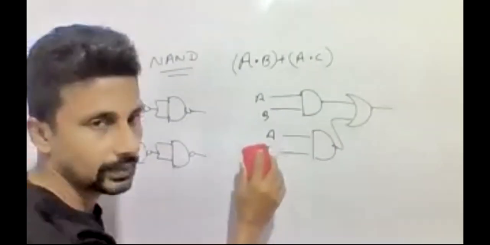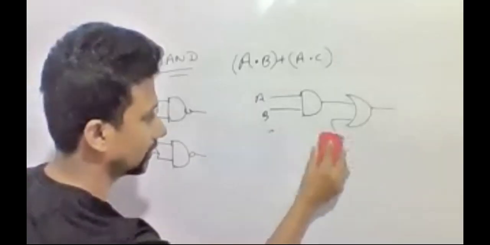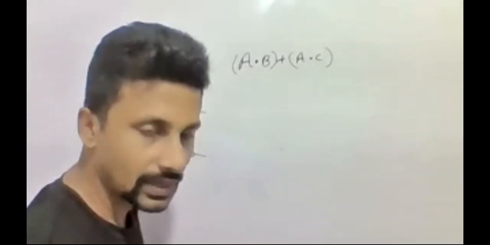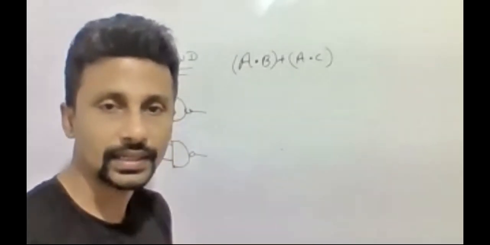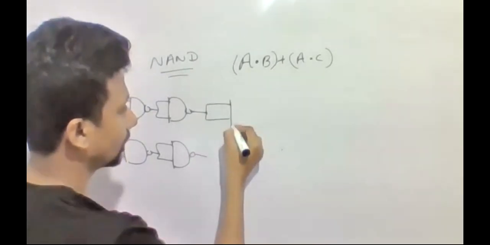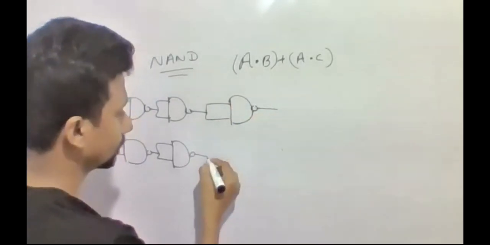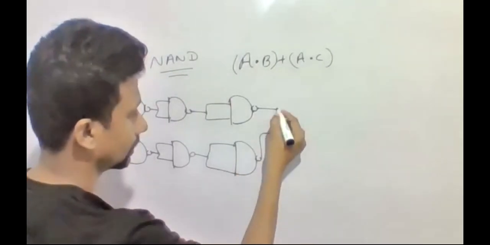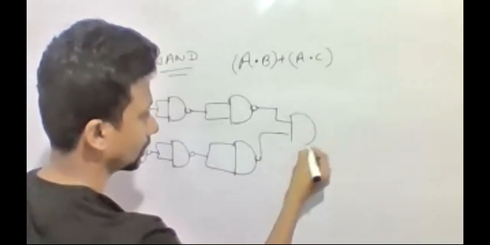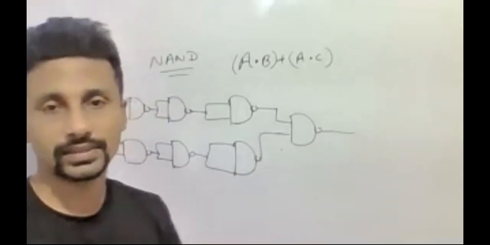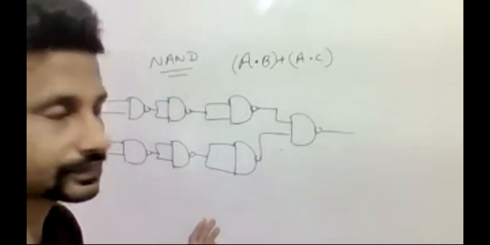Because I don't have space, I will erase this part. So the OR gate we can represent by using three NAND gates. I can draw like this. Right? So this is your answer.